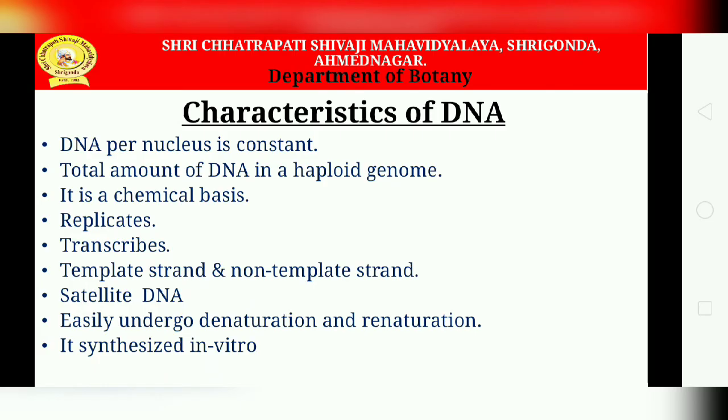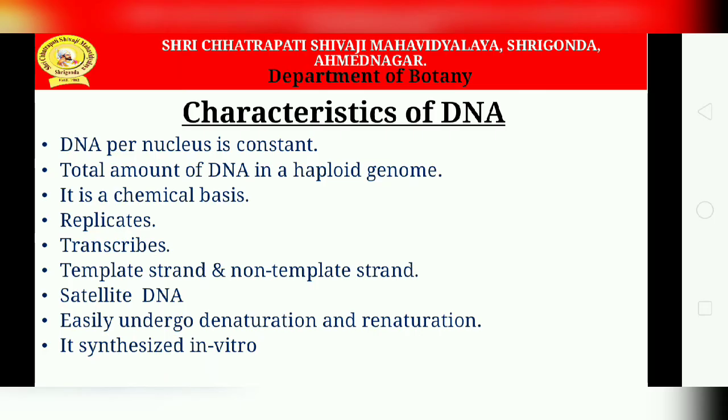Only a small fraction of DNA is functional in eukaryotes. DNA is the chemical basis of heredity and is organized into genes, or cistrons. DNA replicates to form DNA and transcribes to form RNAs.